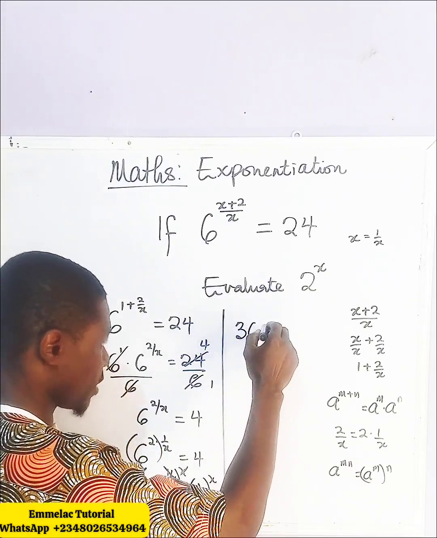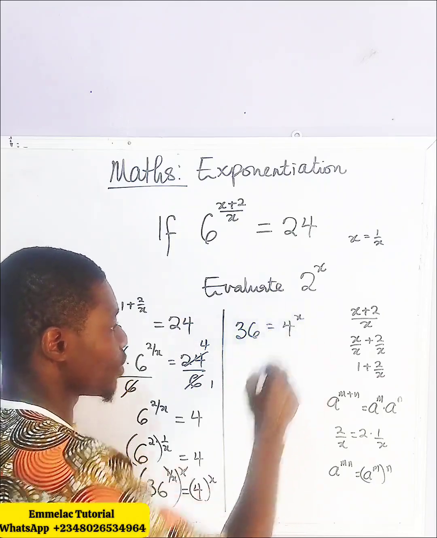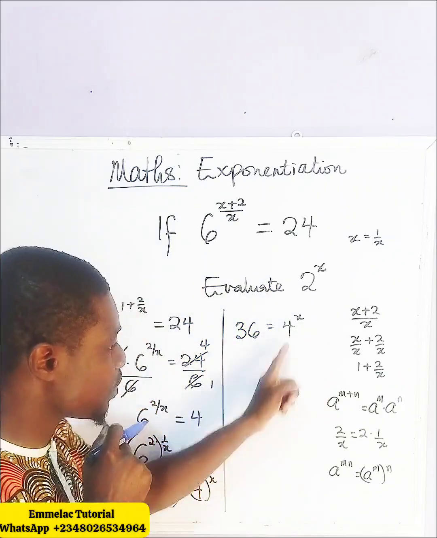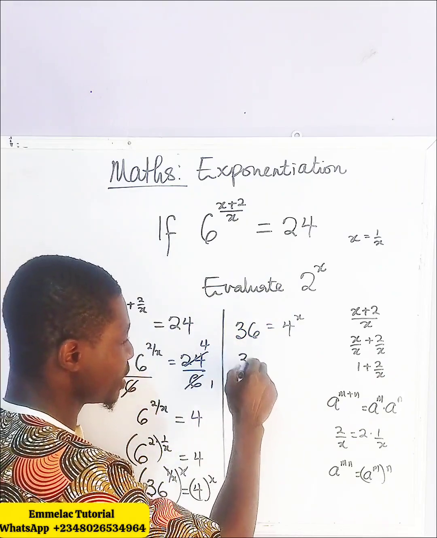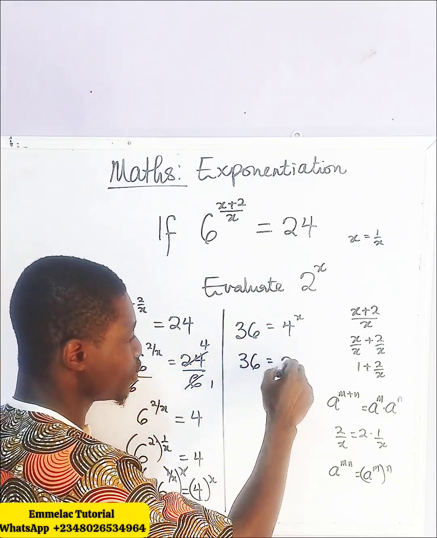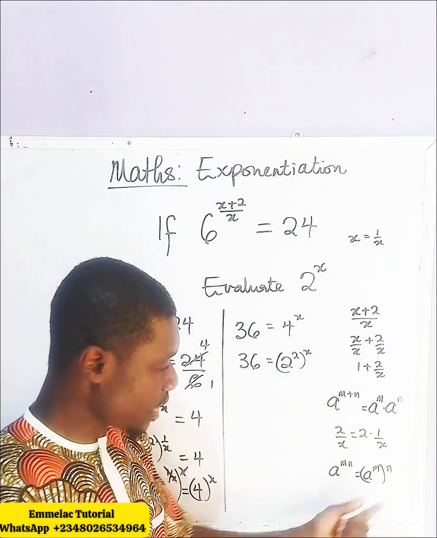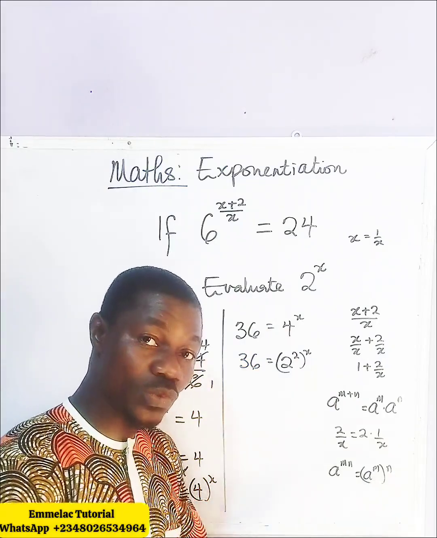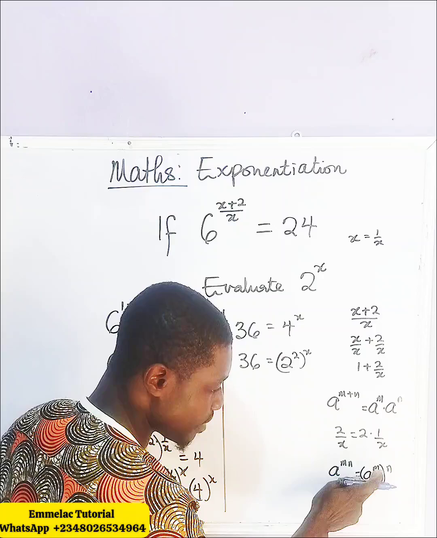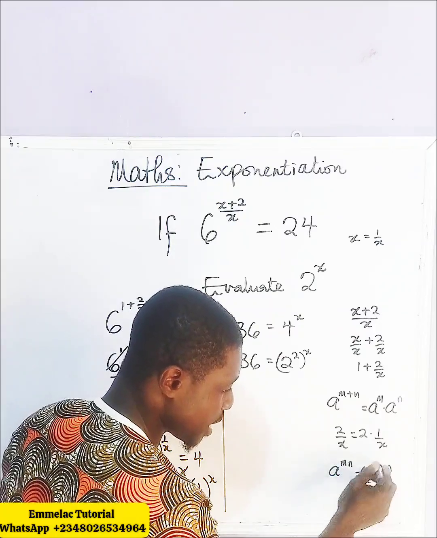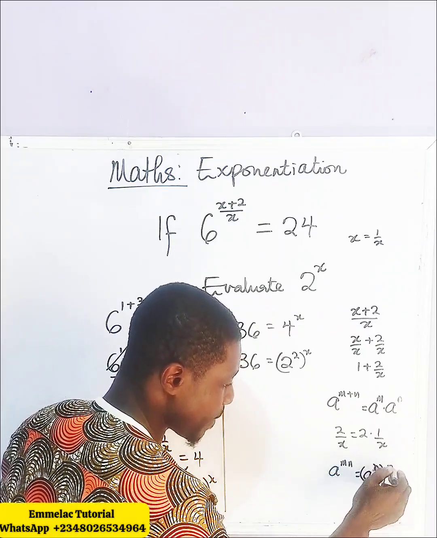So we are left with 36 equals 4 raised to the power of x. At this point we can say 4 is 2 raised to the power of 2, so 36 equals 2 raised to the power of 2, all raised to the power of x. By this we can still swap: the exponents m and n can be interchanged as the case may be.